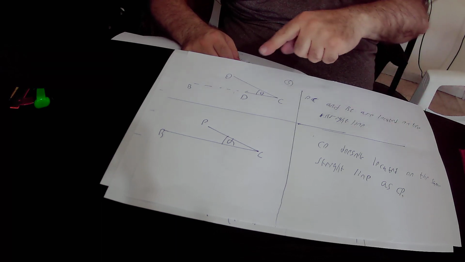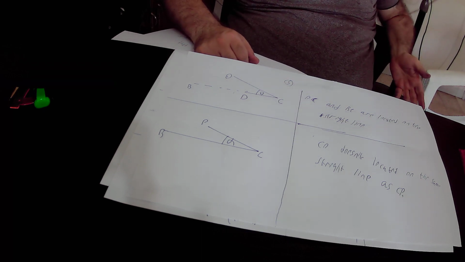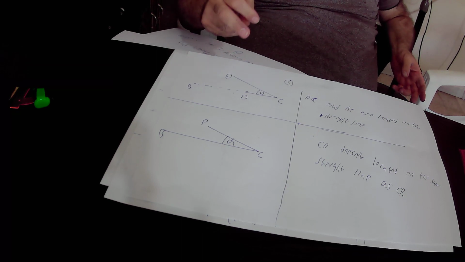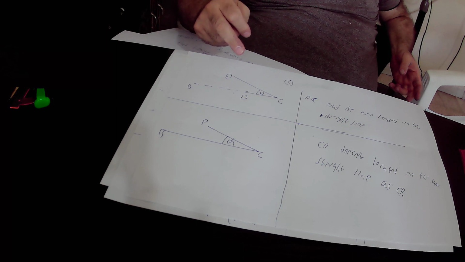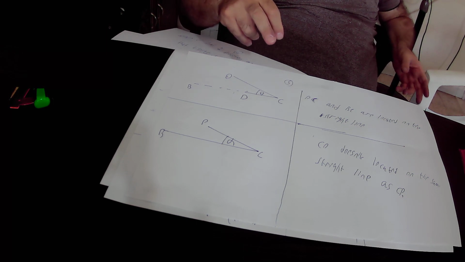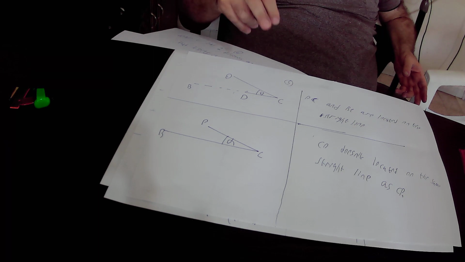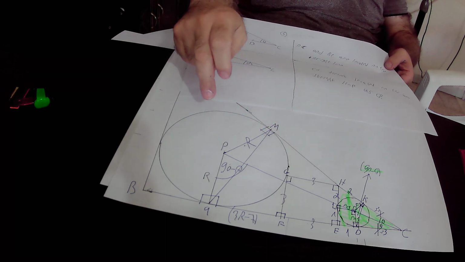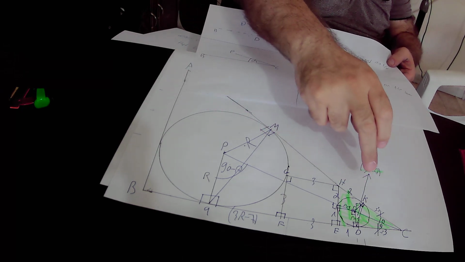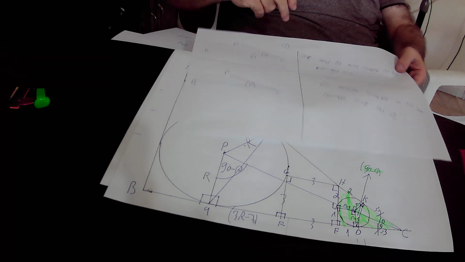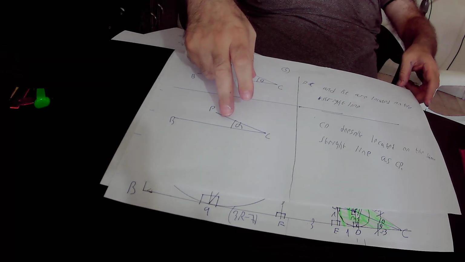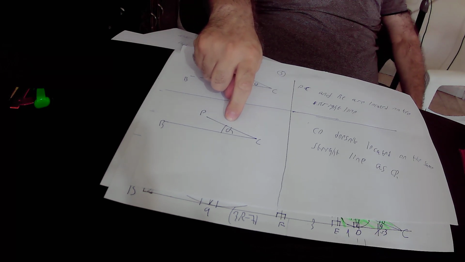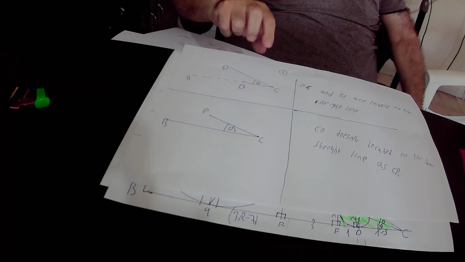In order for those two angles to be equal to each other, if one leg is located on the same straight line, then the other leg must also be. But it isn't, because according to our assumption CO doesn't pass through point P. Therefore, those two angles must be different angles. If this angle is theta, then this angle must be equal to angle alpha, and theta is not equal to alpha. Okay?